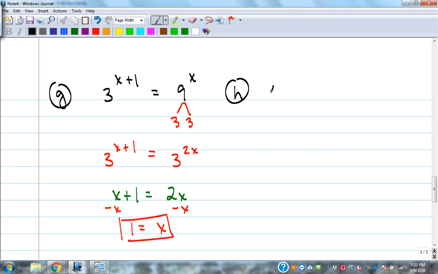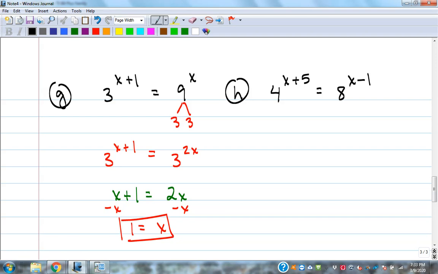Let's do one where you have to change both sides. So we've got 4 to the x plus 5 is equal to 8 to the x minus 1. What's the relationship between 4 and 8?